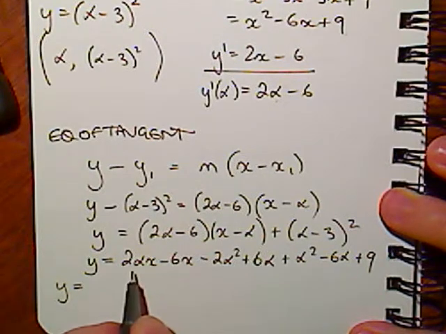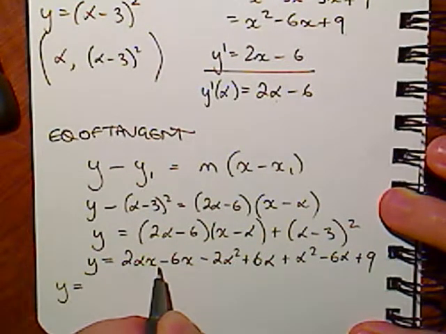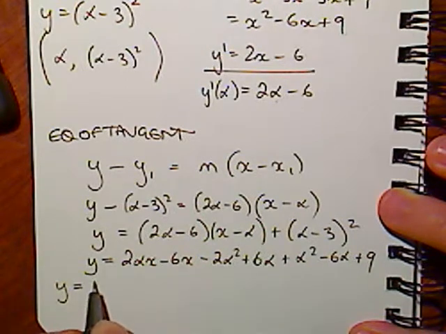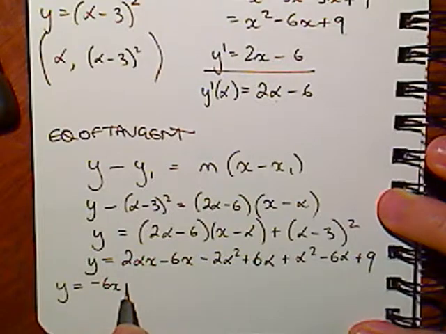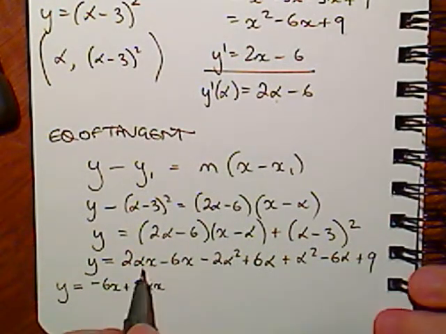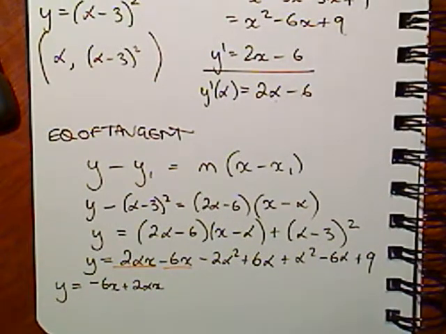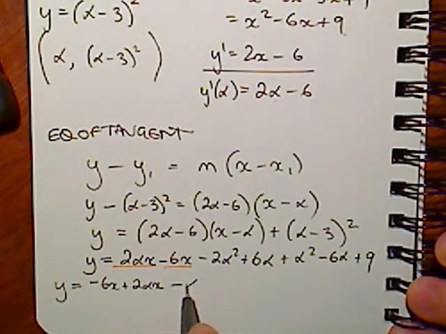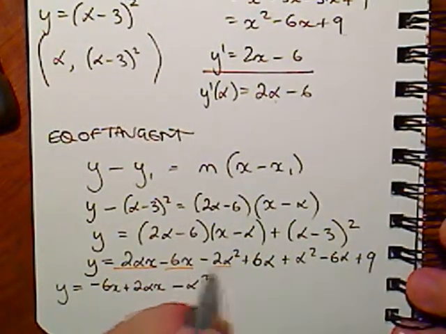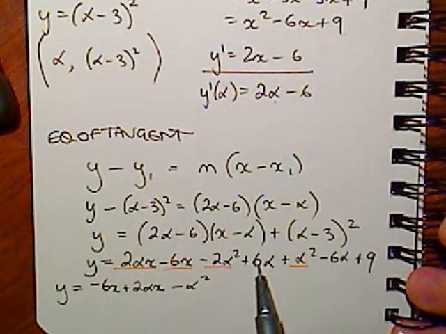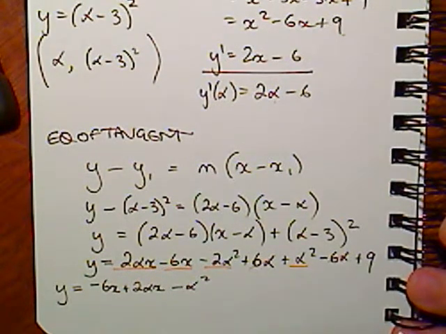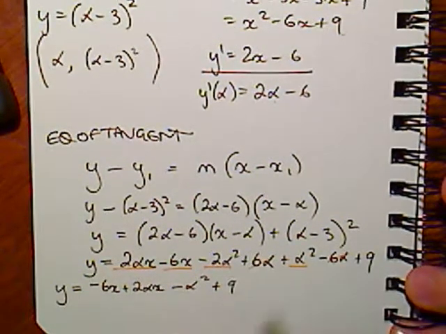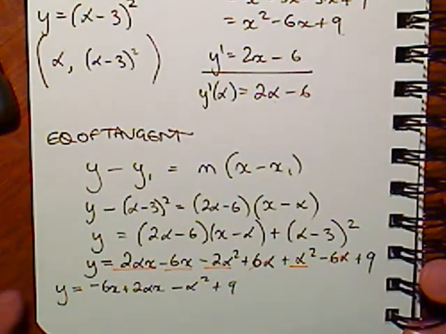I've got the x terms, I'll leave at the front. I'm going to mark them off as I go so I don't lose track of what I've used. Alpha squareds, I've got 1 minus 2 is minus 1 of them. 6 alpha minus 6 alpha, they will cancel out. And plus 9 on the end.